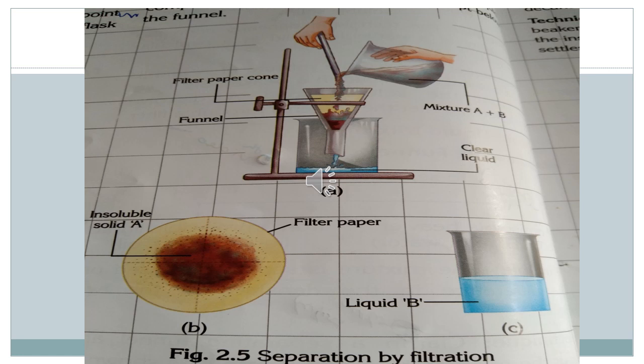Which technique do we use here? Pour the mixture of A and B carefully from the beaker onto the filter paper. First we have to pour the mixture of A and B from the beaker to the filter paper kept in the funnel.